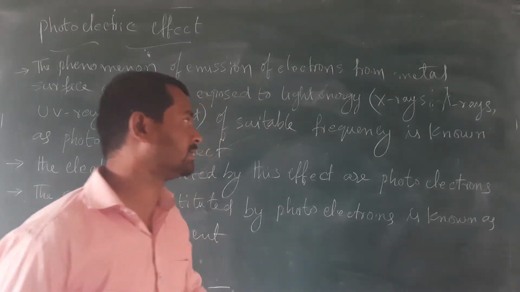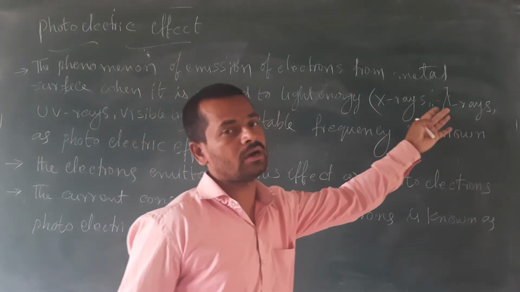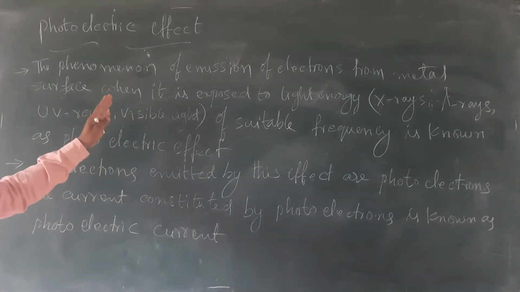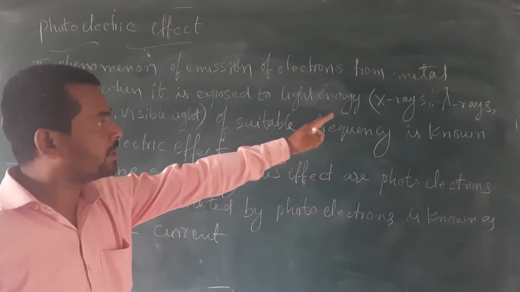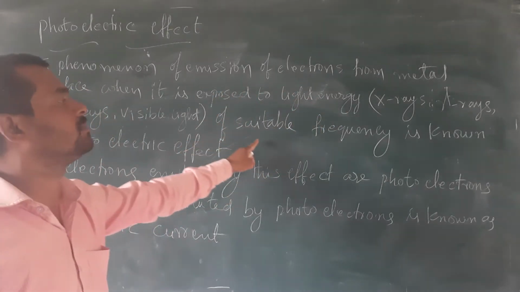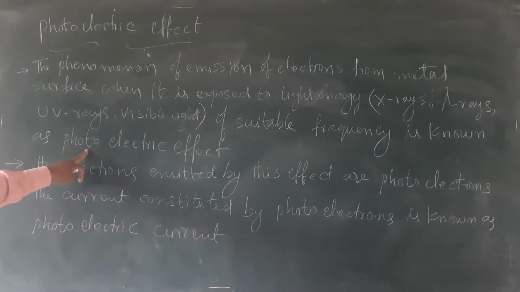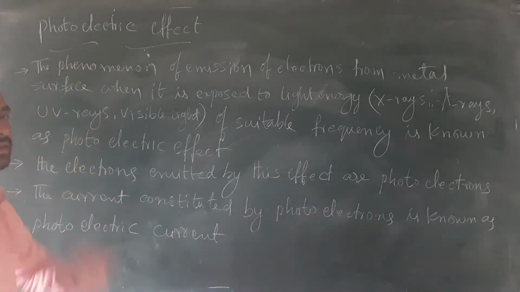What type of light energy? That is either X-rays, gamma rays, UV rays or visible rays. Any rays exposed to such metals must contain a suitable frequency. This is the definition of the photoelectric effect.